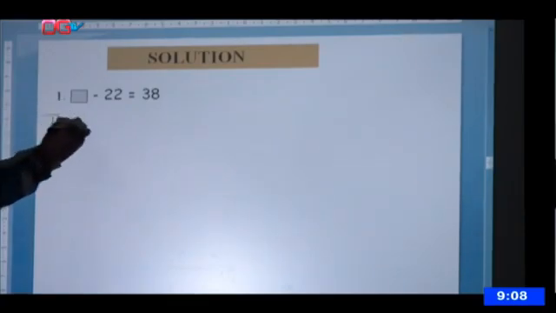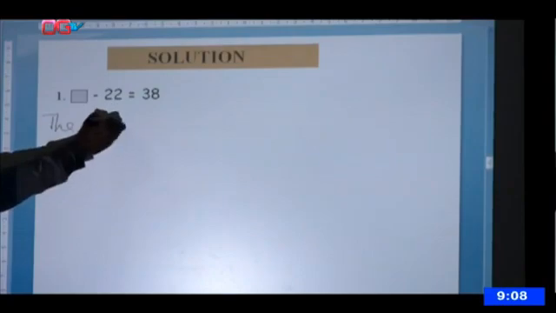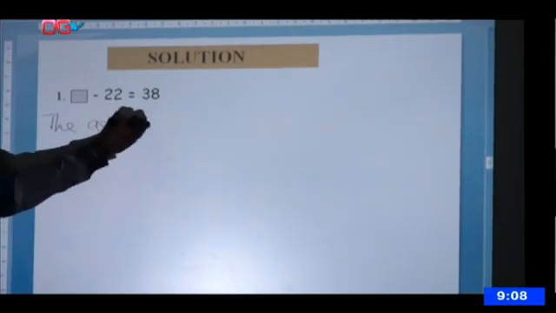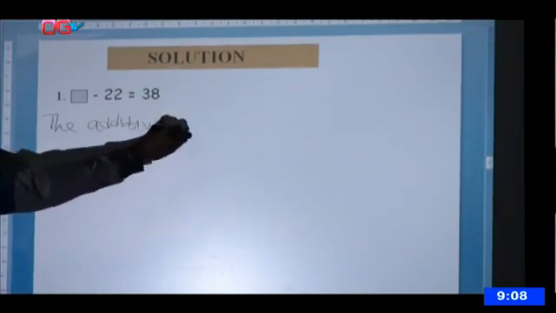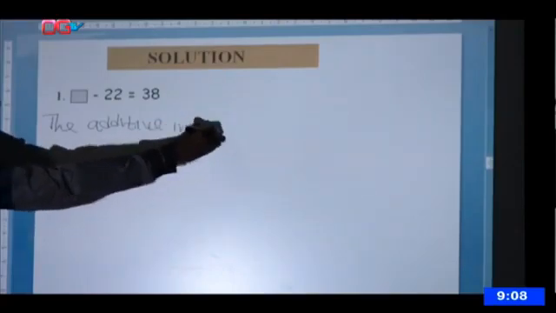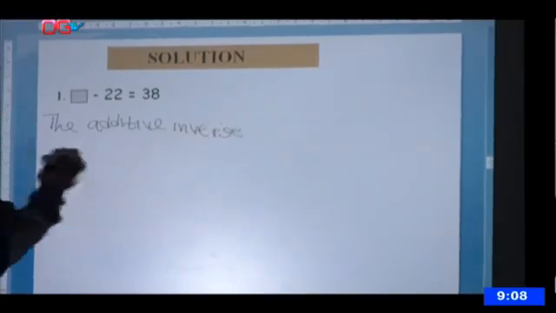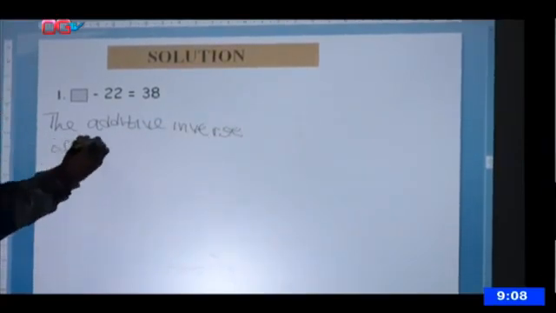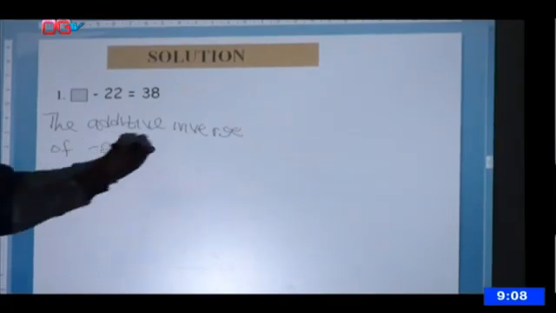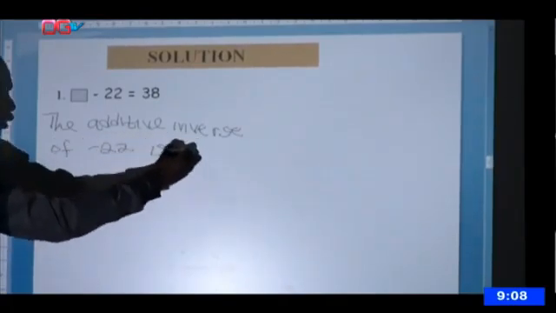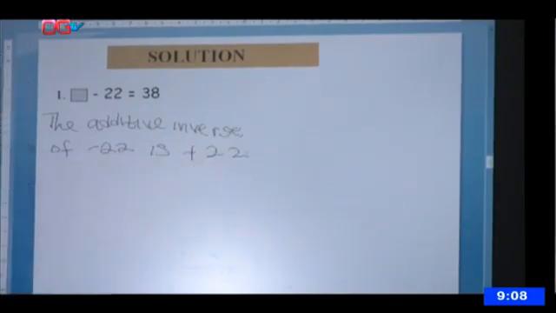Now, the additive inverse of minus 22 is plus 22. That is the first thing to do.